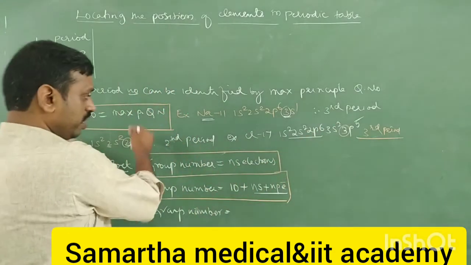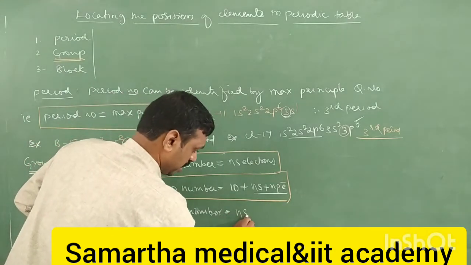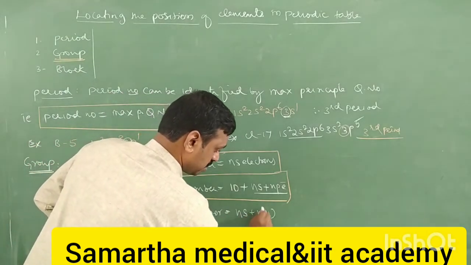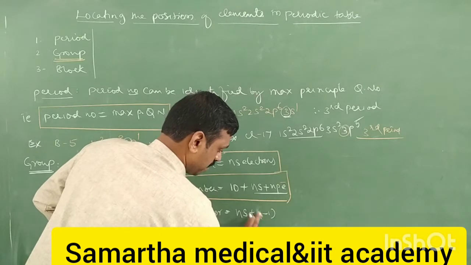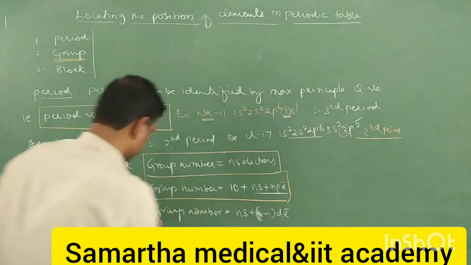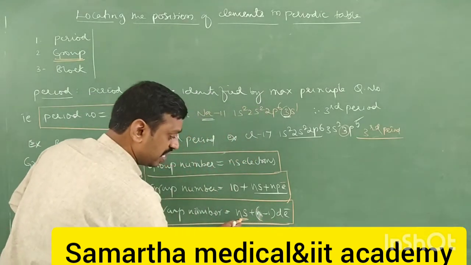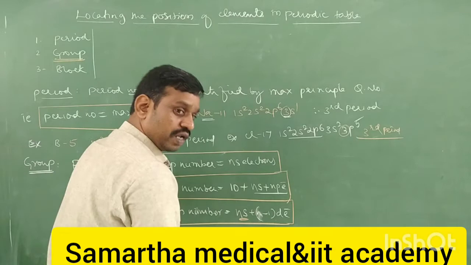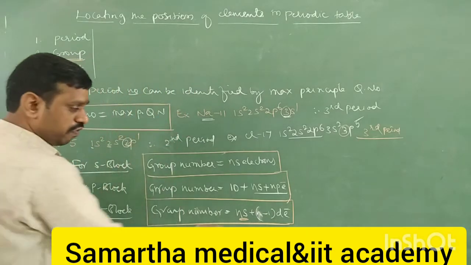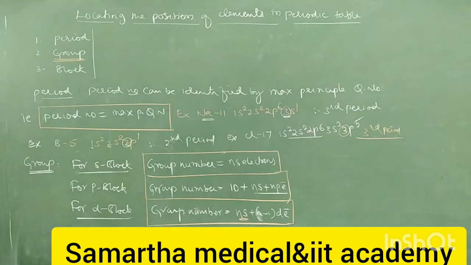So group number equals ns plus (n minus 1)d electrons, where ns is the valence and (n minus 1)d is the penultimate electrons. Valence plus penultimate electrons gives the group number in the d block.